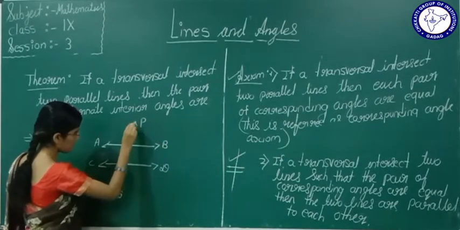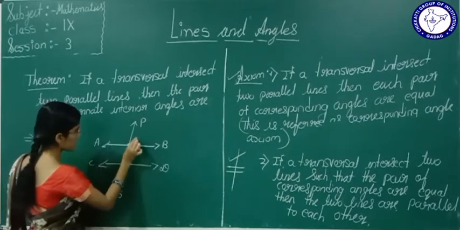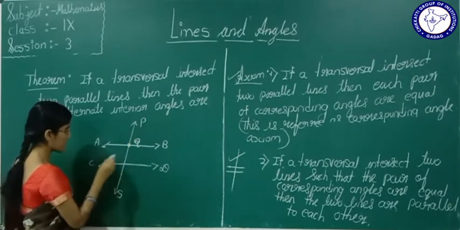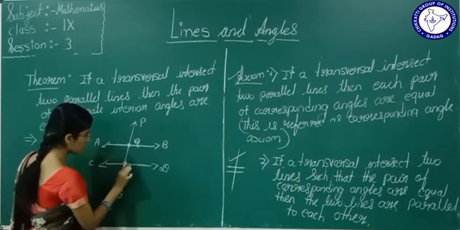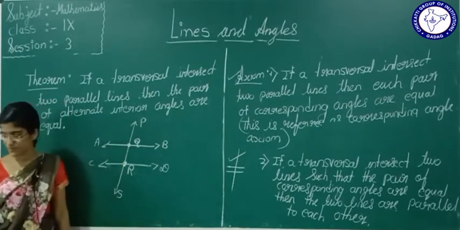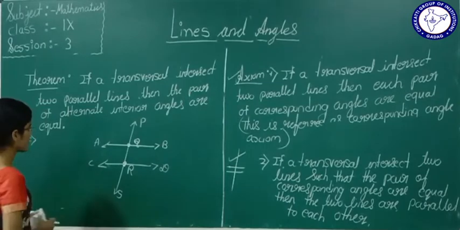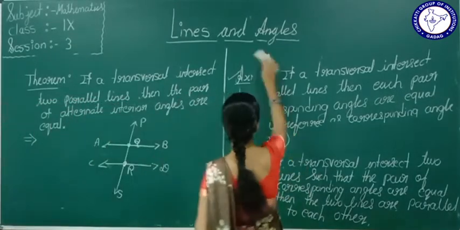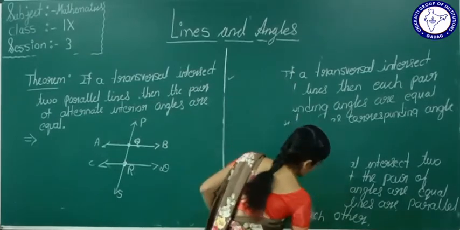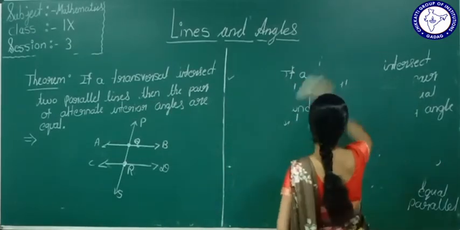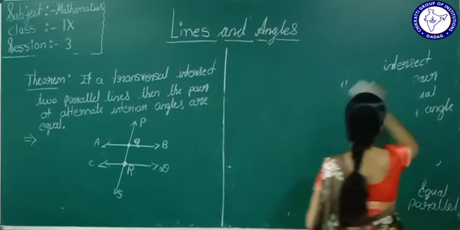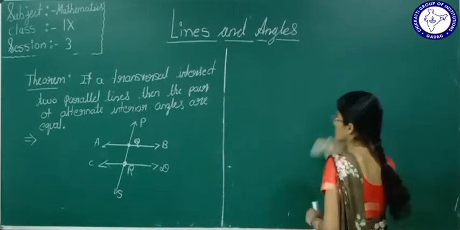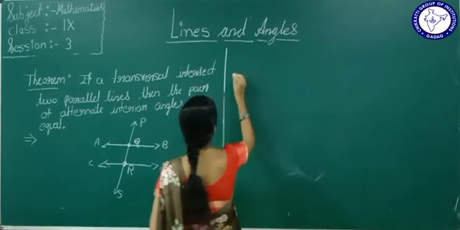Line PS intersects AB at Q and PS intersects line CD at R. So what is given?